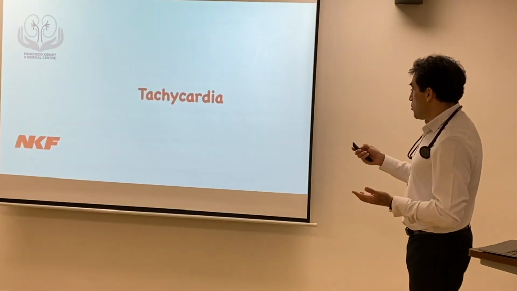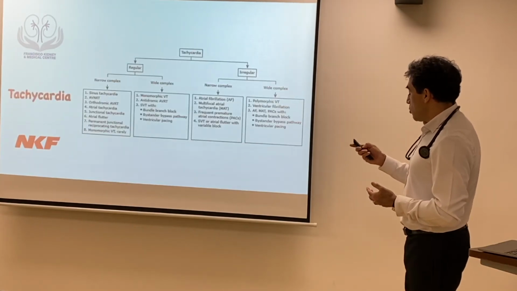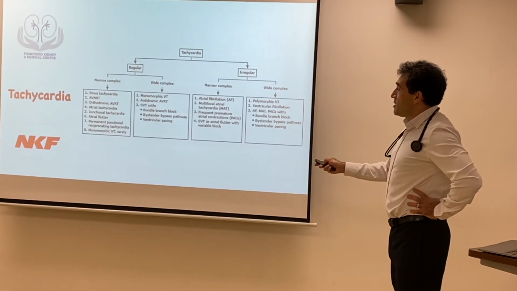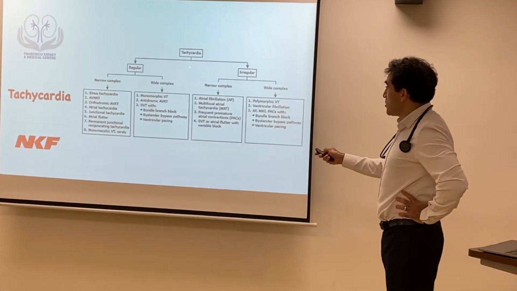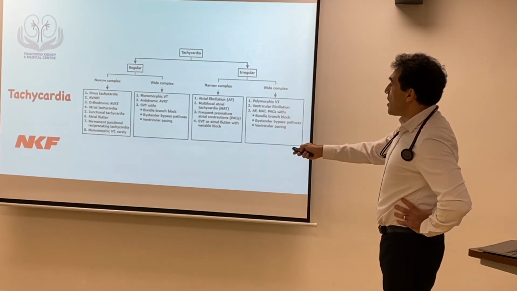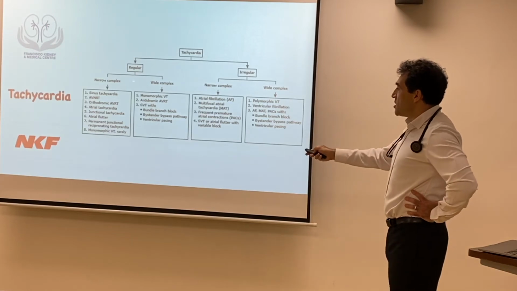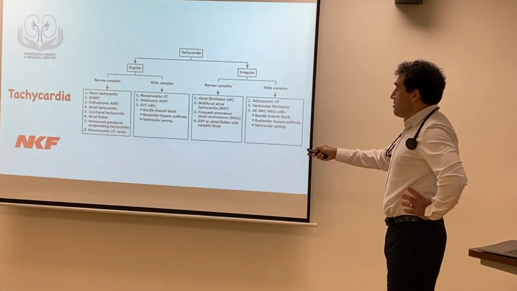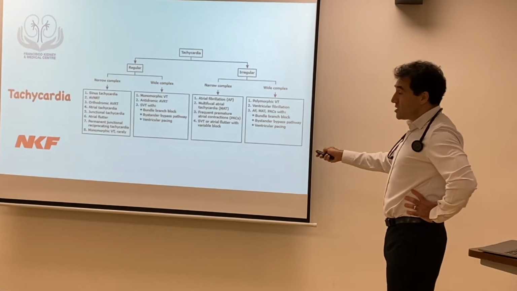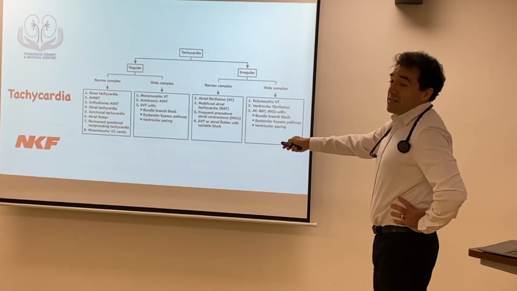Now we're going to discuss very briefly about tachycardia. I told you I'm going to give you the notes, but you have probably seen similar plots: tachycardia can be regular or irregular, also divided into narrow complex or wide complex, and depending on these characteristics, in this flow chart you can identify certain diagnoses with more accuracy. For example, tachycardia that is regular and narrow could be a sinus tachycardia.